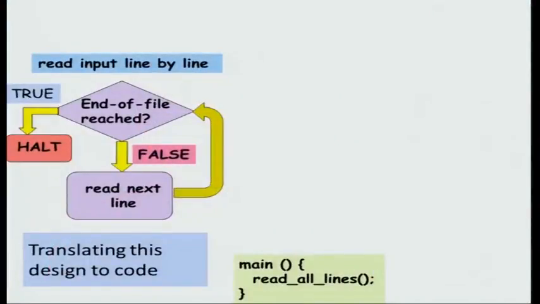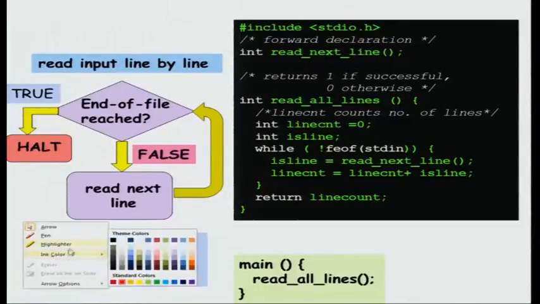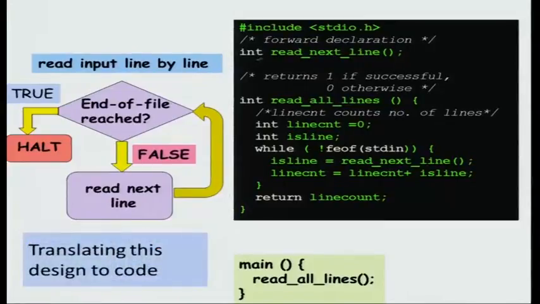Okay. So, let us translate the top level function into code. Here we will introduce a new concept called a forward declaration. When you define a function, you can either give the logic, the full function body, or you can just say that here is what the function will look like, here is the type signature.